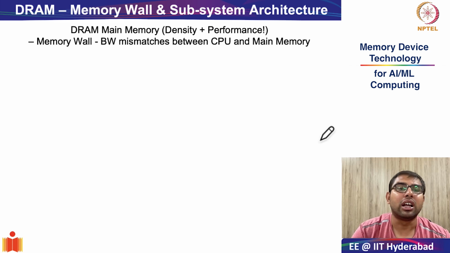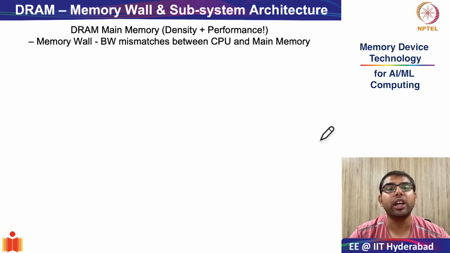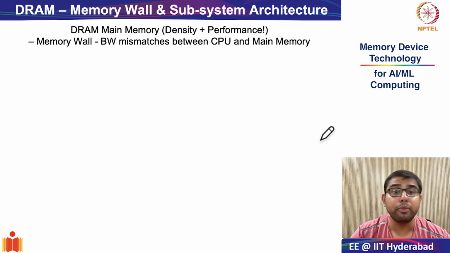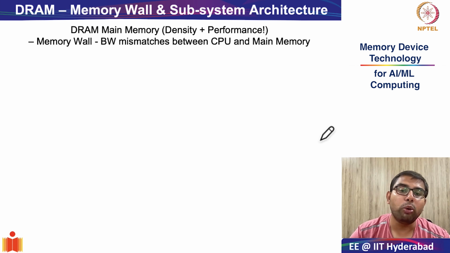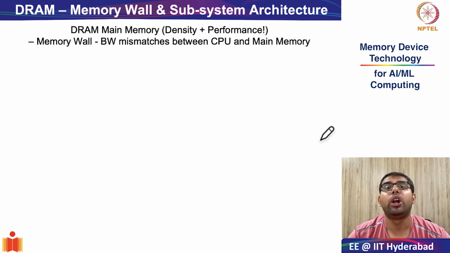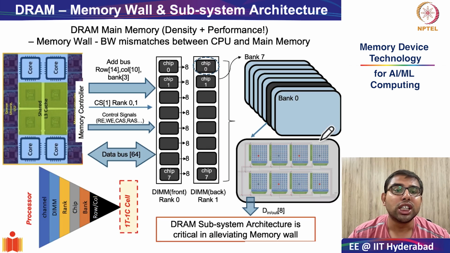This large mismatch between the bandwidths is something called the memory wall, and the memory wall has been specifically detrimental when we started moving from logic-centric computing to data-centric computing. So the first solution we looked at is making sure that your DRAM subsystem architecture is very robust, and that was critical in somewhat alleviating the memory wall.